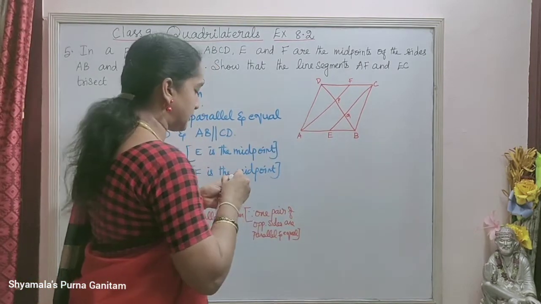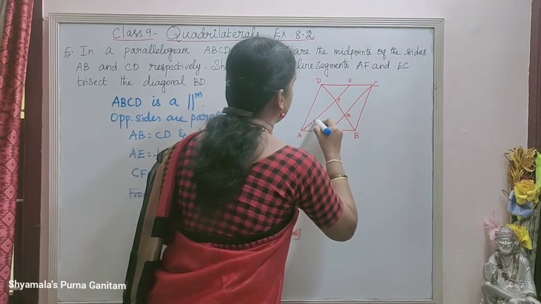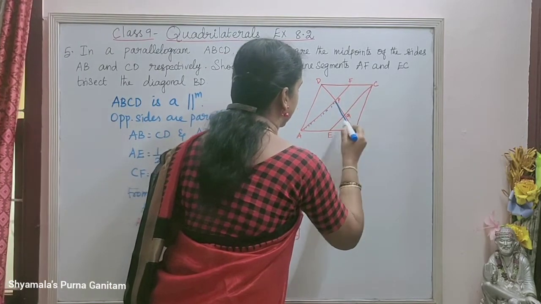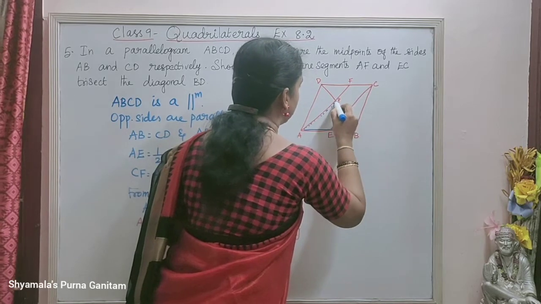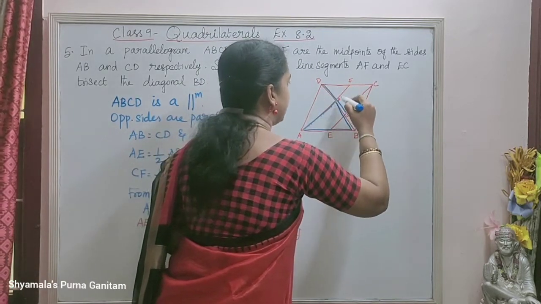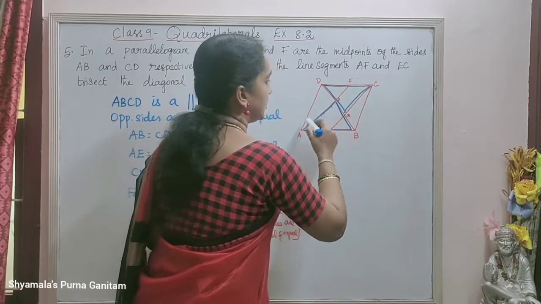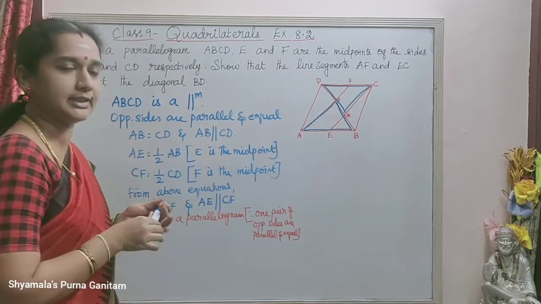We will take this part of the triangle, that is triangle APB, and triangle DCQ. These two sets of triangles we will take now.